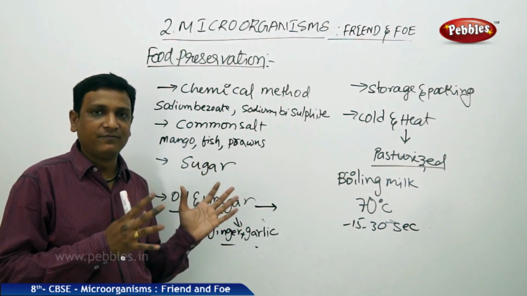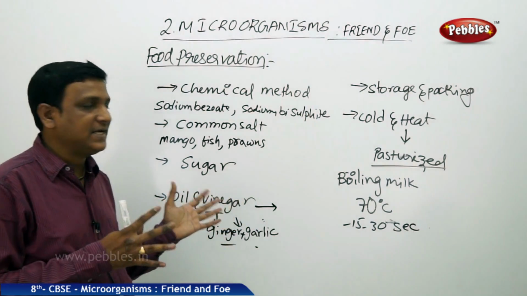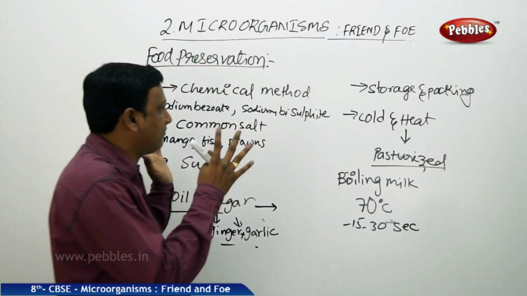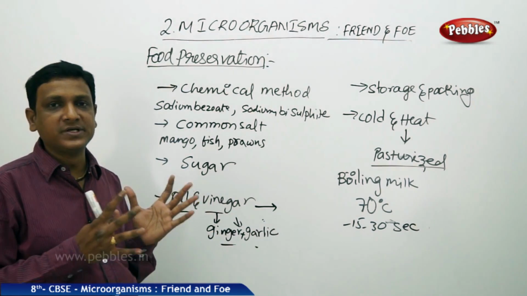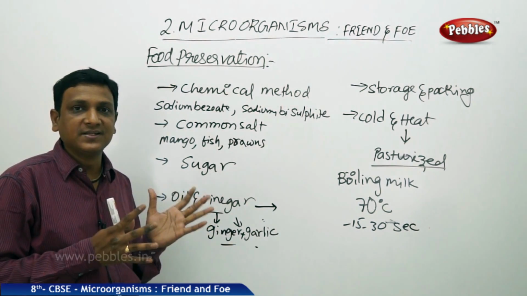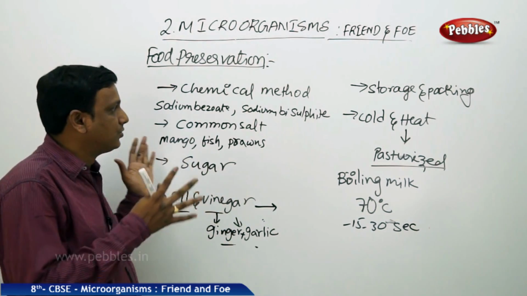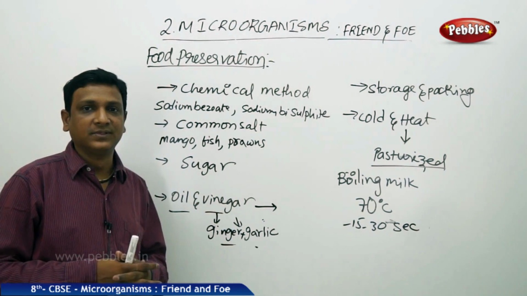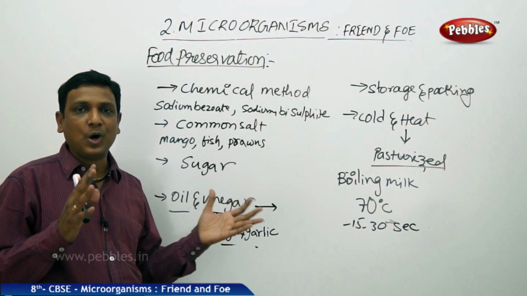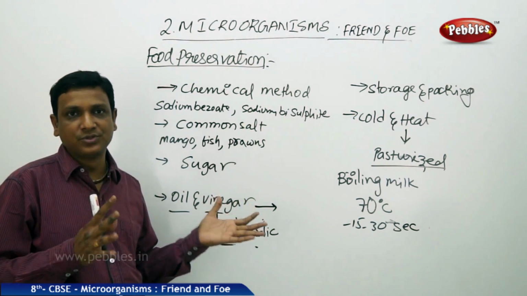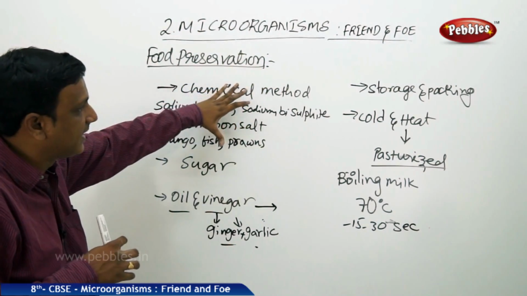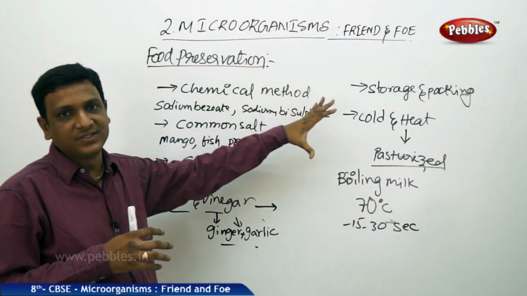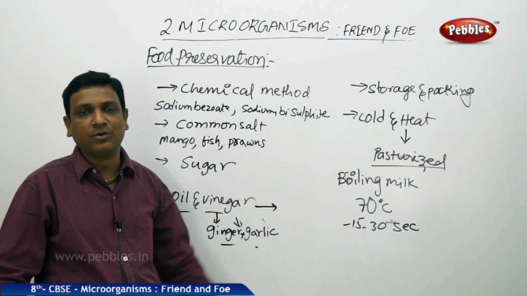Preserved food may not guarantee 100% nutritive value; it may lose a certain amount, and certain nutrients may become inactive because of preservation. But here our concept is how to protect food from microorganisms. So we are learning the different possibilities by which we can prevent the spoilage of food by microorganisms.